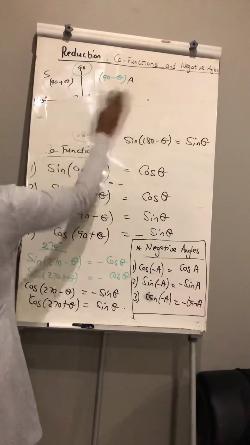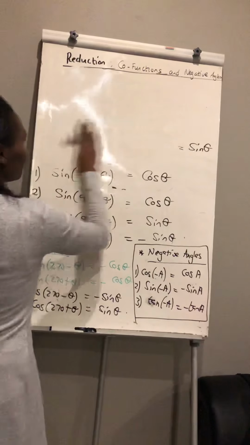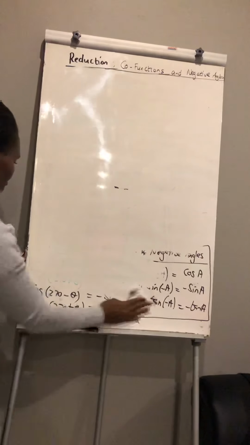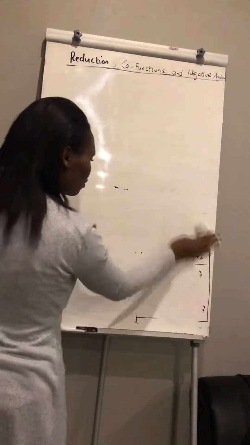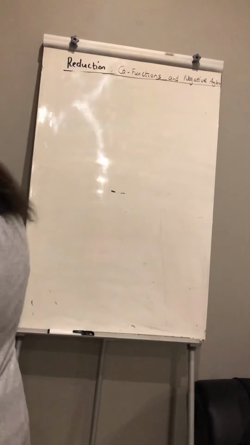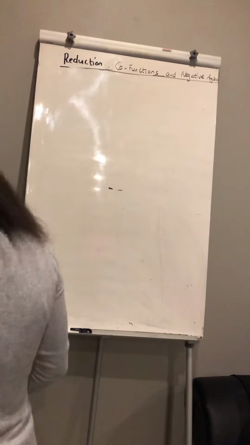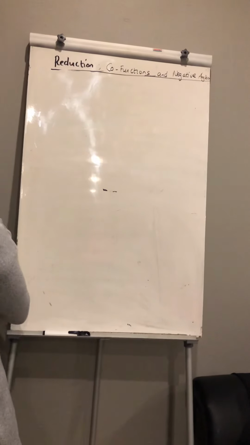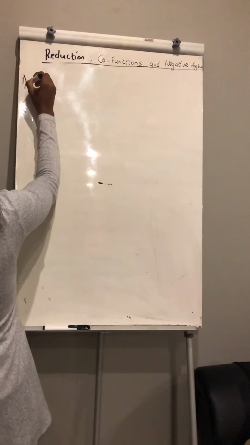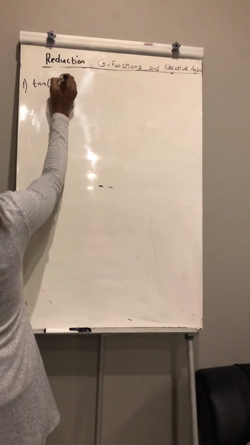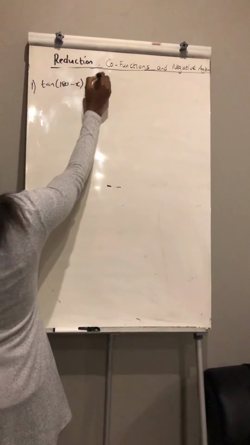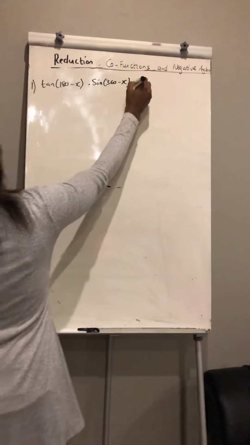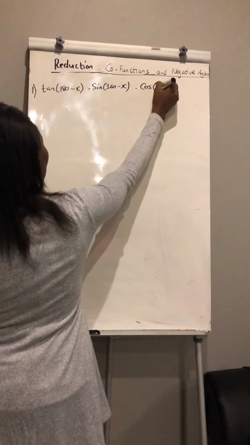Let's have the first one quickly. I'm going to start with this one. So let's say we have tan 180 minus x, sine 360 minus x, then cos 90 minus x.